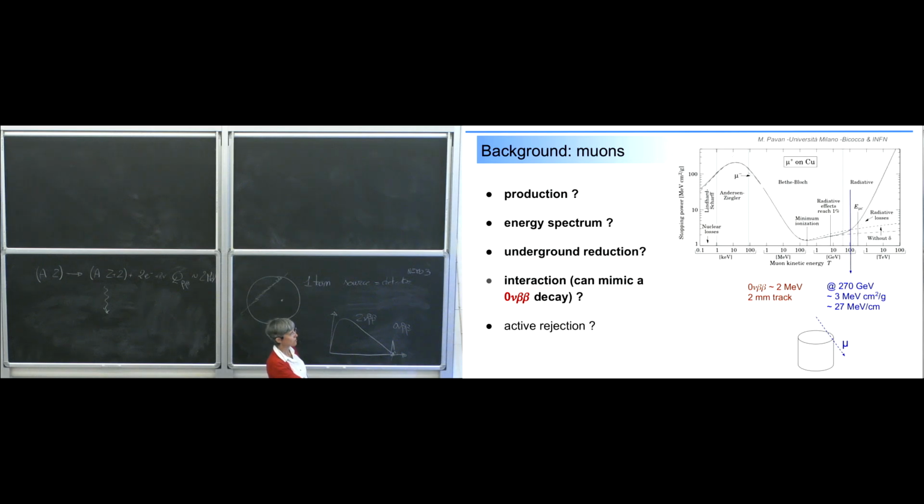Because you see, my signal has an energy of 2 MeV, and this corresponds to a track of, let's say, 2 millimeters. And so if you want to mimic something like that, you need a muon that crosses really on the edge.